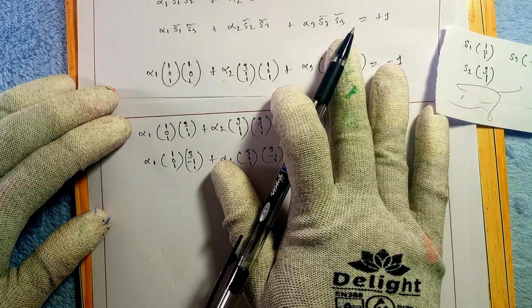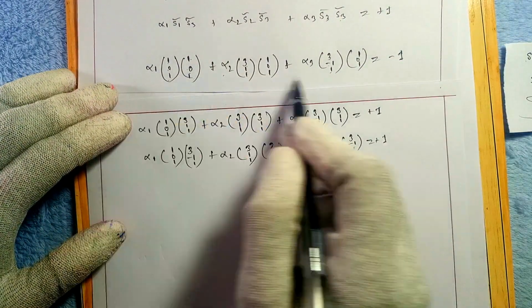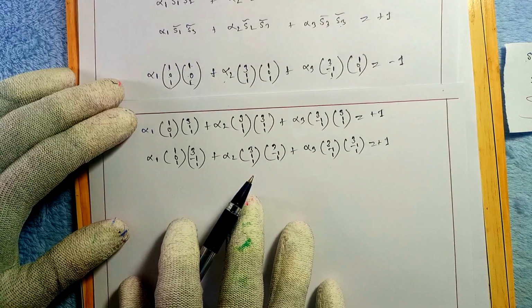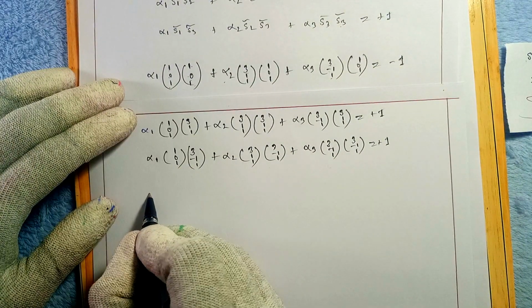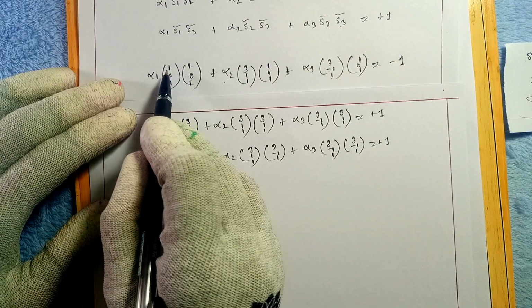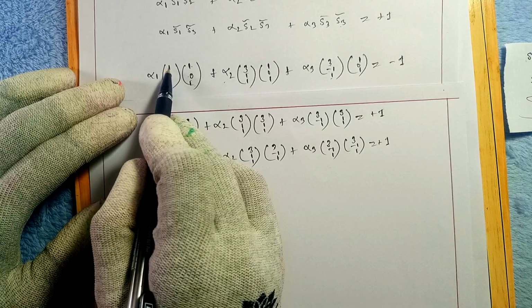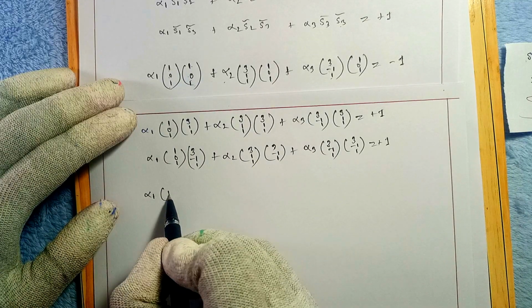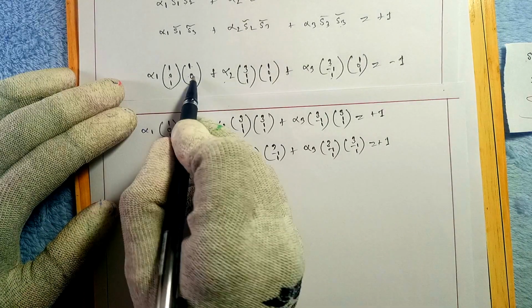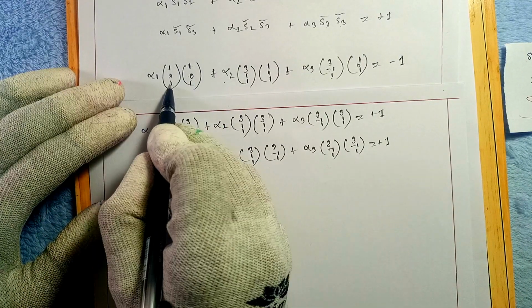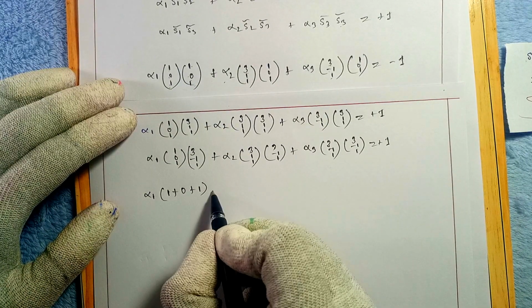Okay, now I will find this value. It's simple. If you write alpha 1, then we have to multiply 1 and 1, that is 1, then plus 0 and 0, 0 plus 1 and 1, 1.